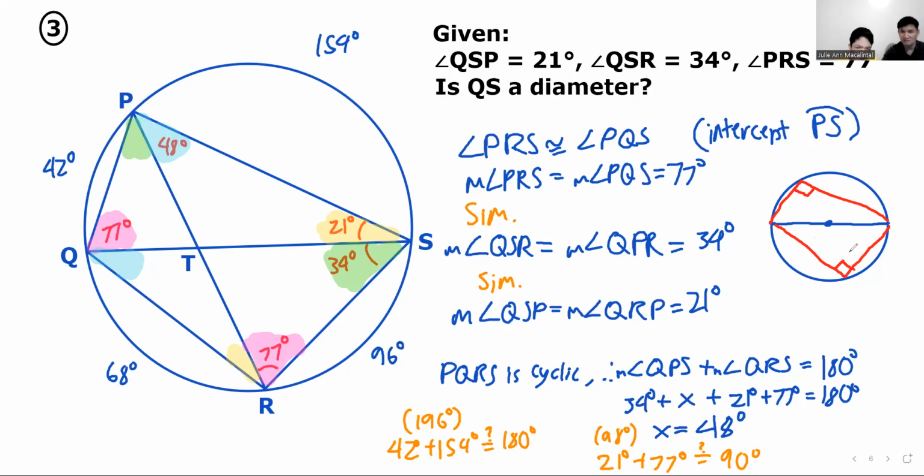So 34 plus 48 must equal 90, but 34 plus 48 is 82 degrees. So it's not. Unfortunately, it's not the diameter. So your answer: no, it's not the diameter.